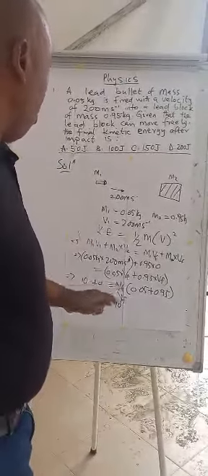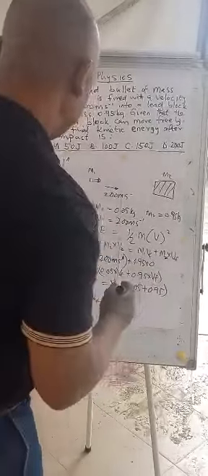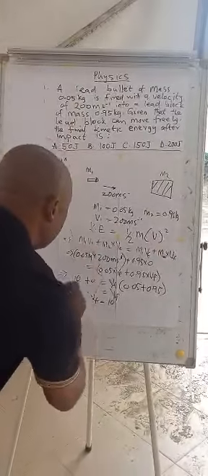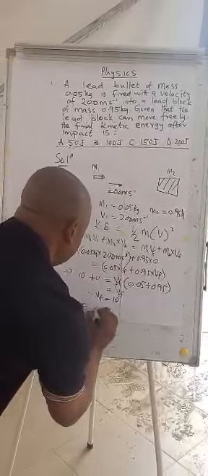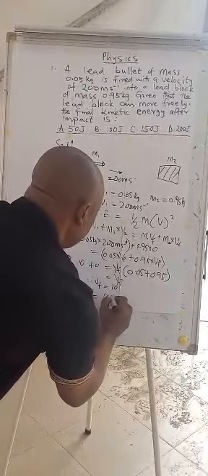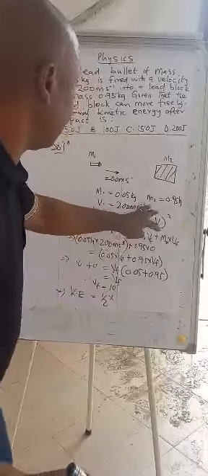Now, the formula for kinetic energy is given as half m v squared. So we'll now get our KE, which is equal to half times the total mass.